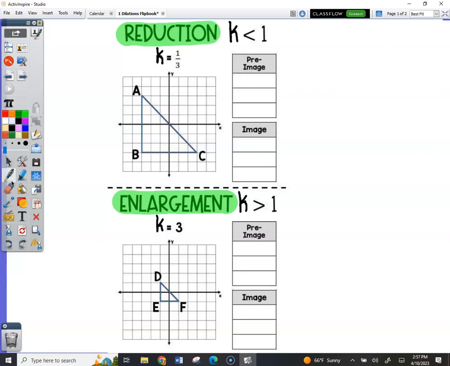When you are dilating, how do you determine which type of dilation it's going to be? It's all centered around what's called the scale factor. The scale factor, if you think of a Hot Wheels car, any Hot Wheels car is as best as they can the exact copy of the life-size car, right?